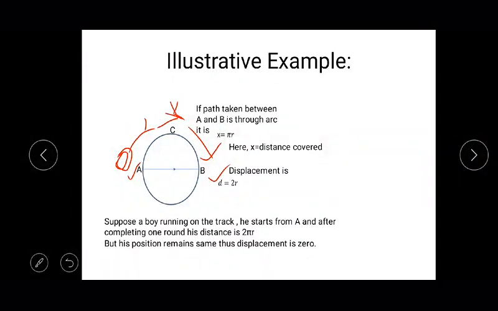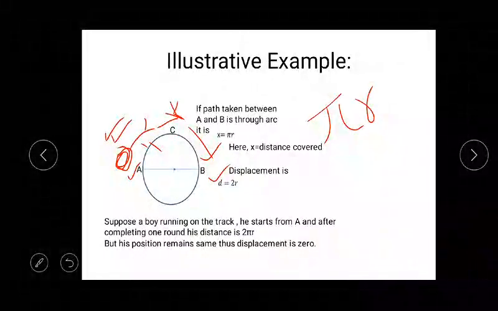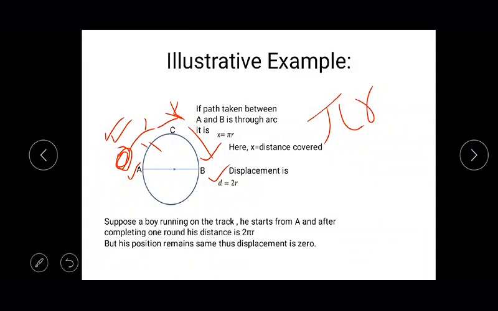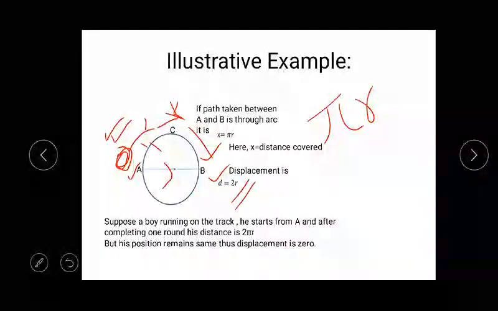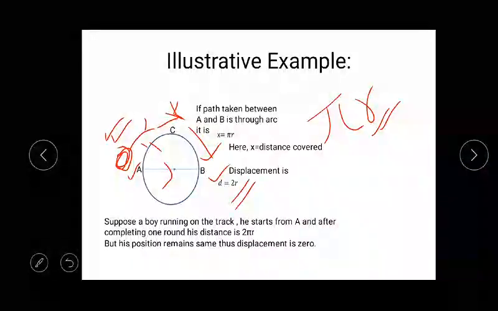Then we will find that the distance covered by this object O is x equal to pi r, where x is the distance covered and pi r is the circumference of this semicircle. The displacement of O will be the diameter of the circle, represented as d equal to 2r, where r is the radius of the circle.